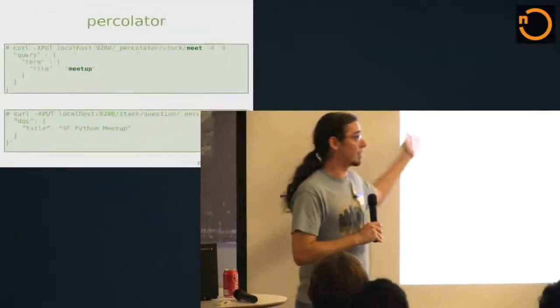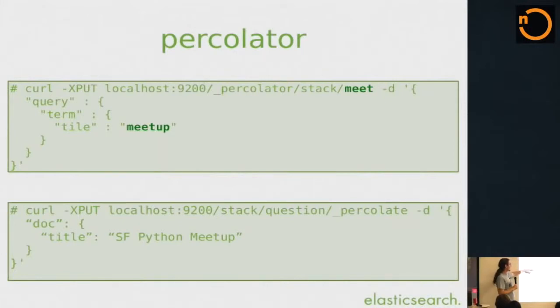So I, as a user, come to your site, I define a search, and I want you to give me alerts when any new document comes in that matches my query. I just put in the query, and I can use all the power of Elasticsearch in this query. And then when I send in a document, it will give me a list of queries that actually matched. So if you have a feature like that, you're done.